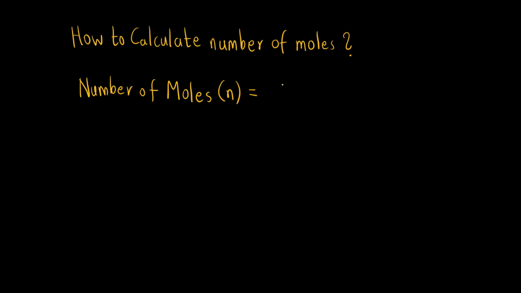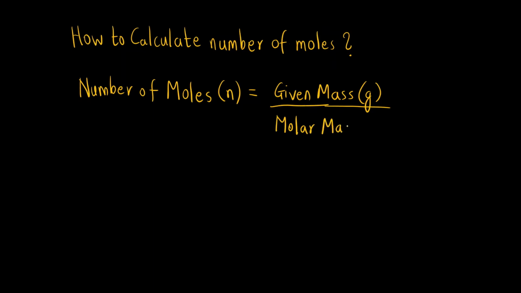So we will write down the given mass of that substance in grams, divided by the mass of 1 mole of the sample. That is nothing but, as we had seen in the last video, the molar mass, and the unit of molar mass is grams per mole.